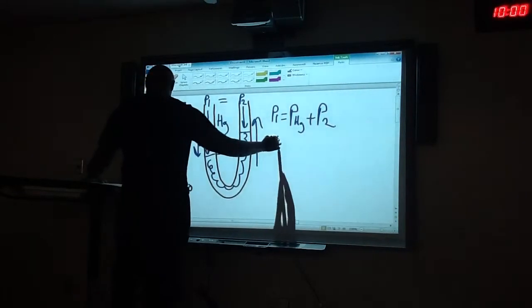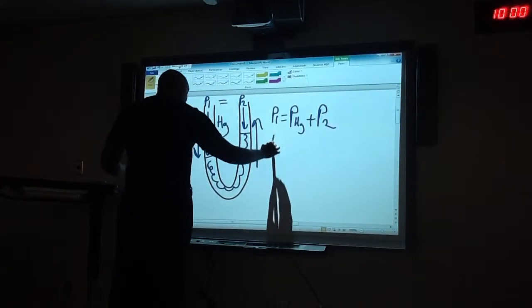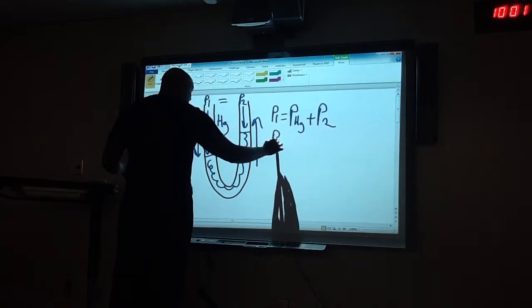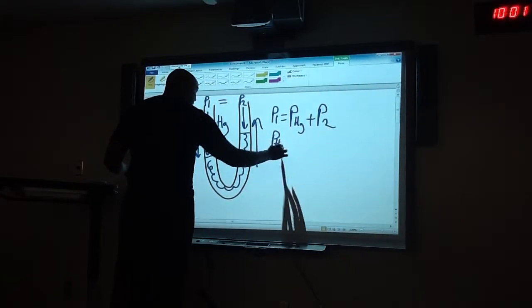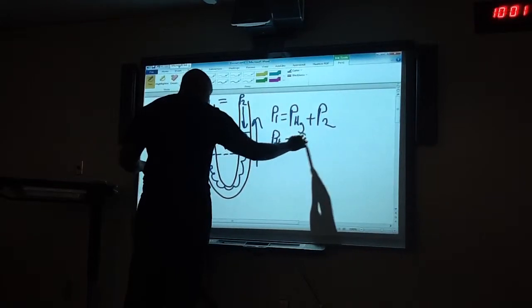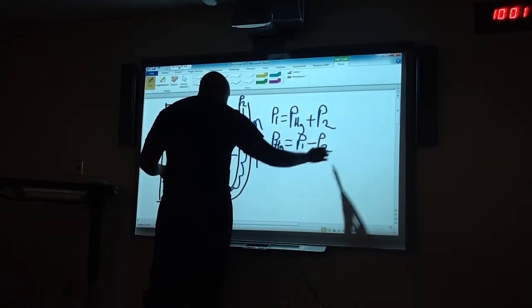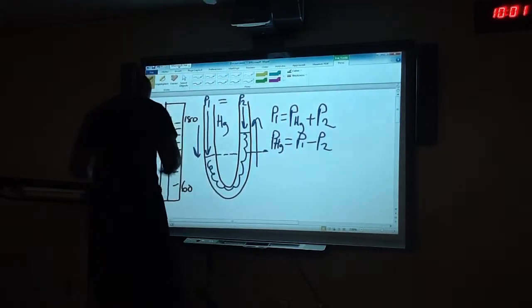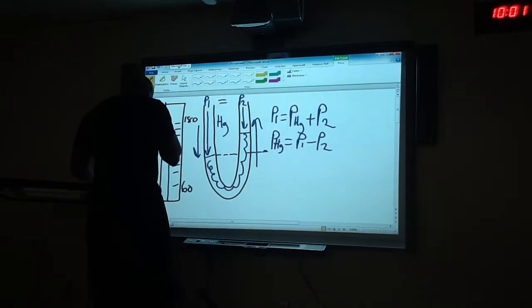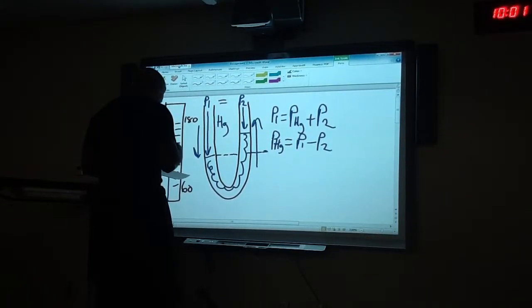So let's write that up on the board. That is going to be pressure of mercury equals P1 minus P2. And that formula will give us the pressure from the mercury and the pressure from P2.